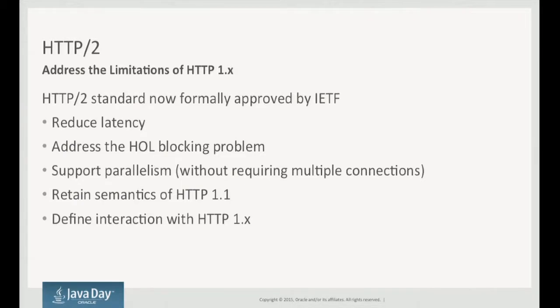So reducing latency, addressing the head-of-line blocking problem, supporting parallelism without requiring multiple connections, which is a standard workaround today, which is not particularly good. But at the same time, retaining all of the user visible semantics of HTTP 1.1.